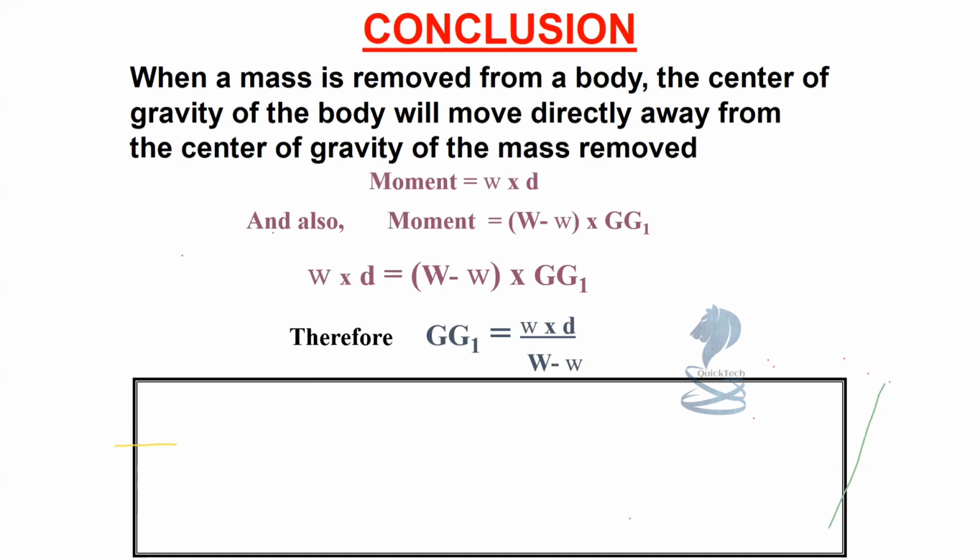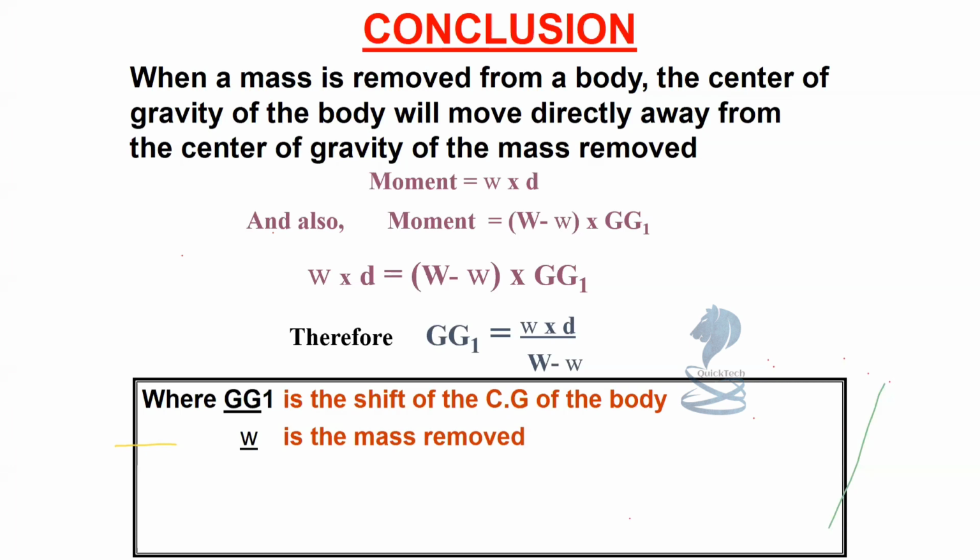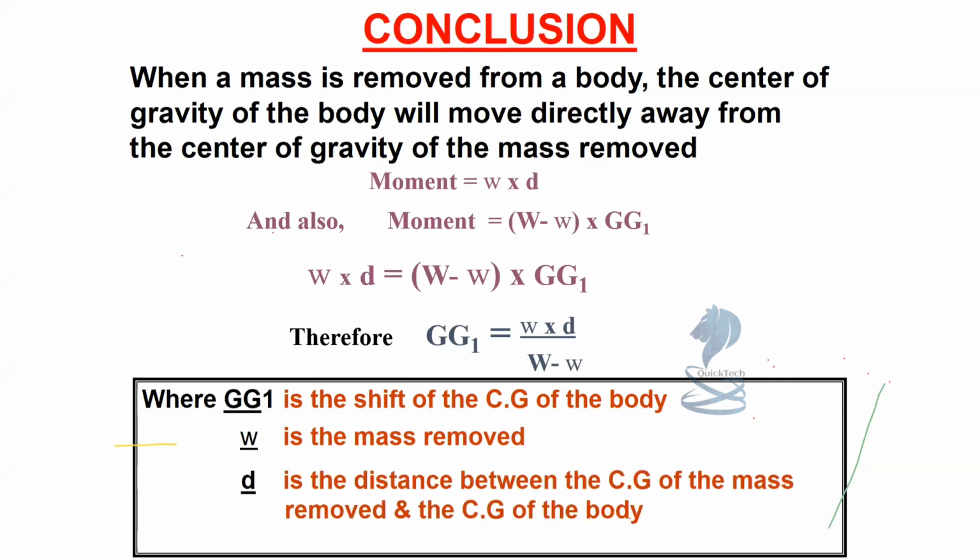Therefore, the final formula derives GG1 is equal to small w into d divided by big W minus small w, where GG1 is the shift of center of gravity of the body, w is the mass removed, d is the distance between center of gravity of the mass removed and center of gravity of the body, W minus w is the final mass of the body.